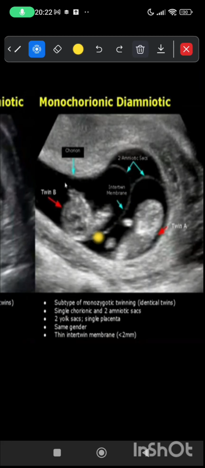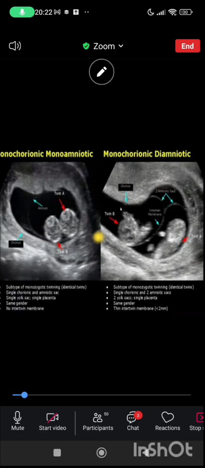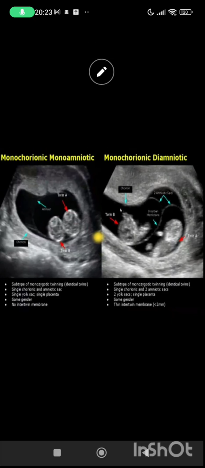Now what's the difference between monochorionic monoamniotic and monochorionic diamniotic gestation? The number of amniotic sacs. In monochorionic monoamniotic, there is one gestational sac and one amnion. In monochorionic diamniotic, there is one gestational sac and two amniotic sacs.